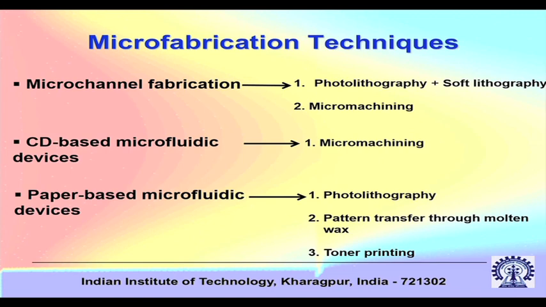I will give you some idea of how mechanical micro machining is done. Then there is micro machining on CD based microfluidic devices, which we discussed in the previous lecture, and paper based microfluidic devices: photolithography, pattern transfer through molten wax, and toner printing. So these are some of the possibilities.